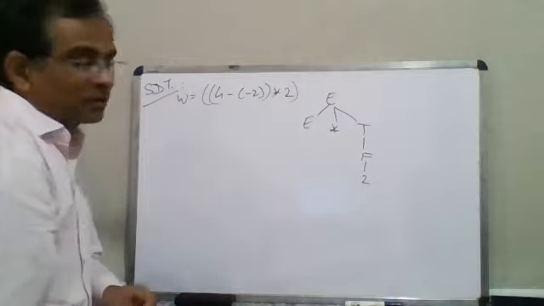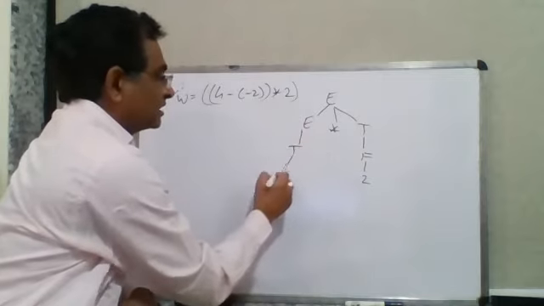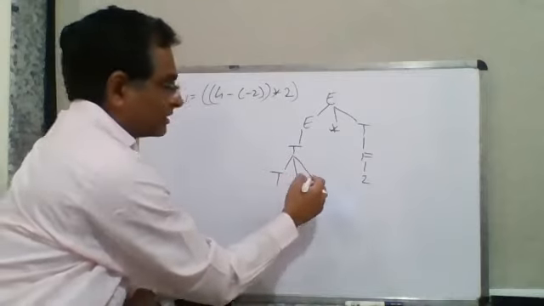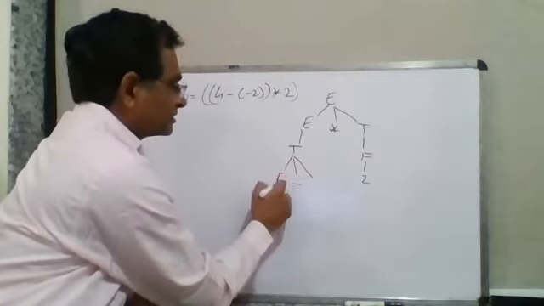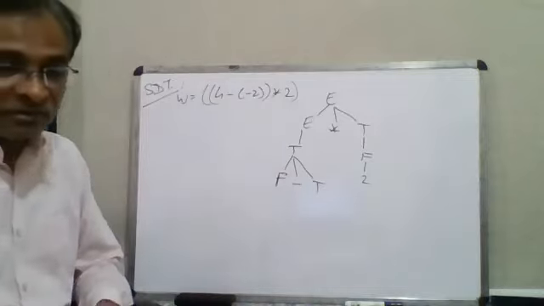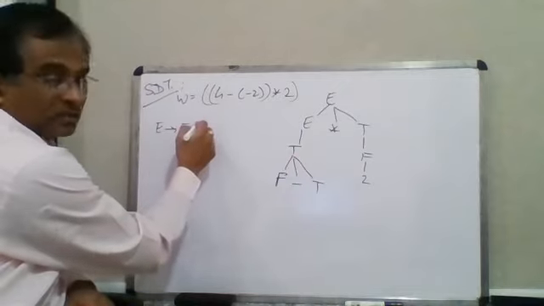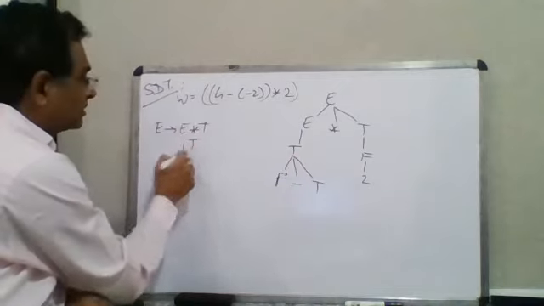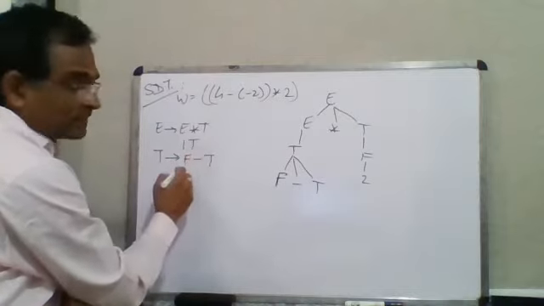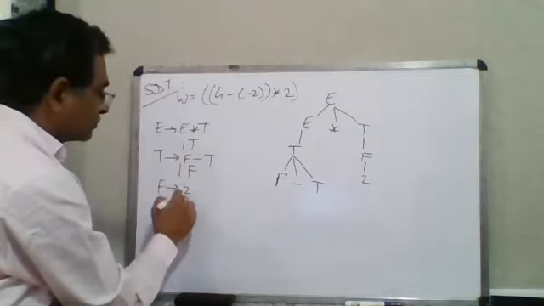So now E goes to E minus T is possible. So E goes to T, and then T goes to F minus T. So just see the grammar. What was the grammar? E goes to E minus T, E star T or T, and T goes to F minus T or F, and F goes to 2 or 4, right?